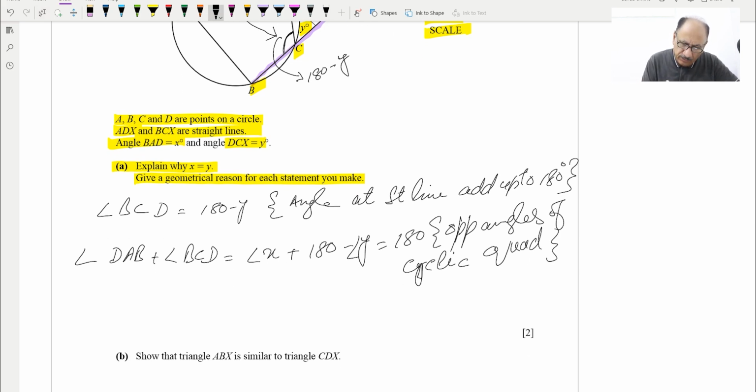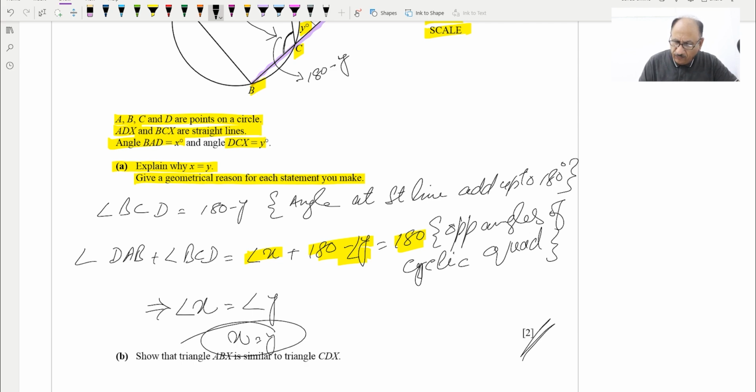And now from this statement, angle x and this are adding up to 180 degrees, so this implies angle x is equal to angle y, or you can write x is equal to y. This will be for 2 marks.